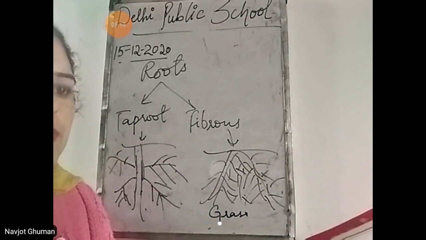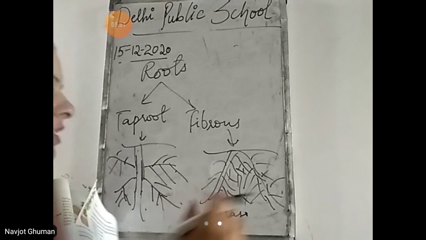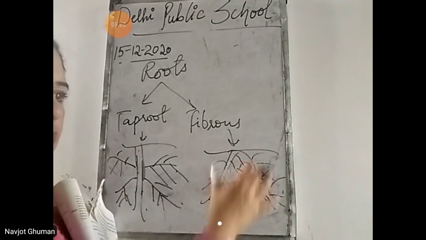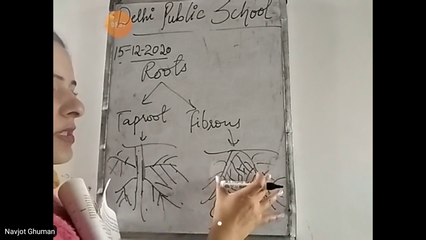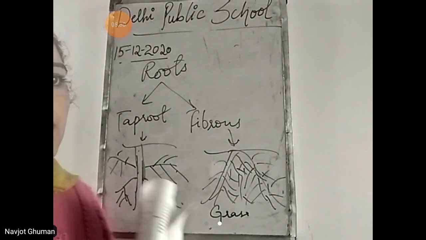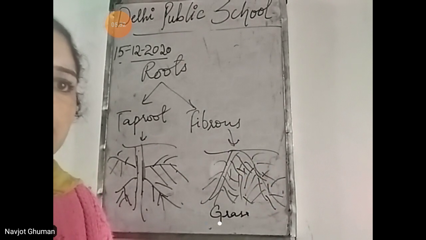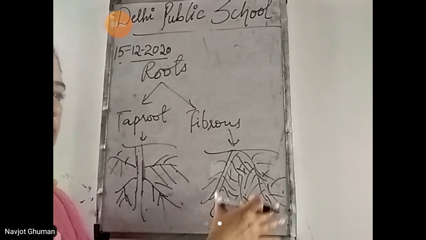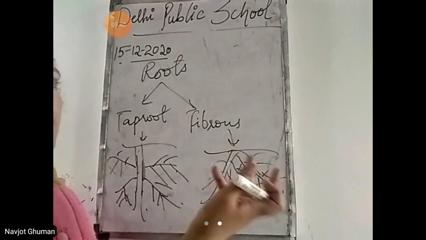Now what are the functions of the roots? First function क्या है? It helps the plant to stay fixed to the soil. अगर roots ना हो तो plant कैसे fix रहेगा soil में? So it will not be able to stay fixed in the soil without the roots. Roots take in water and minerals from the soil and give them to the plant for preparing food.